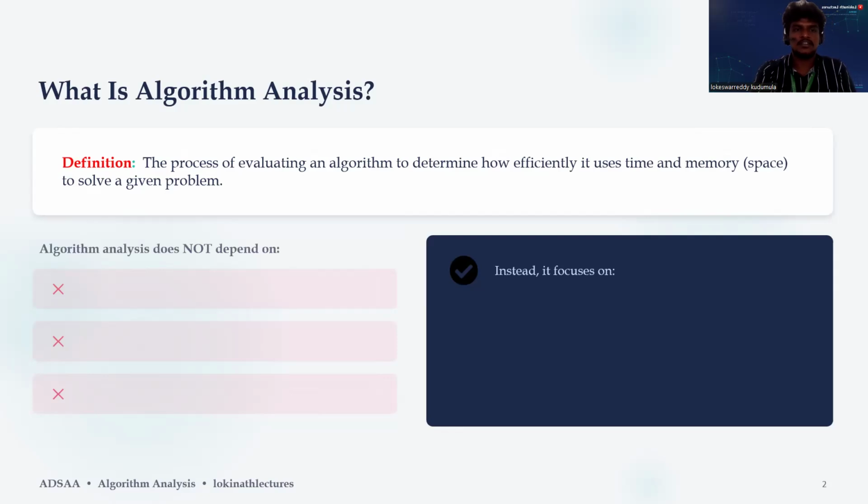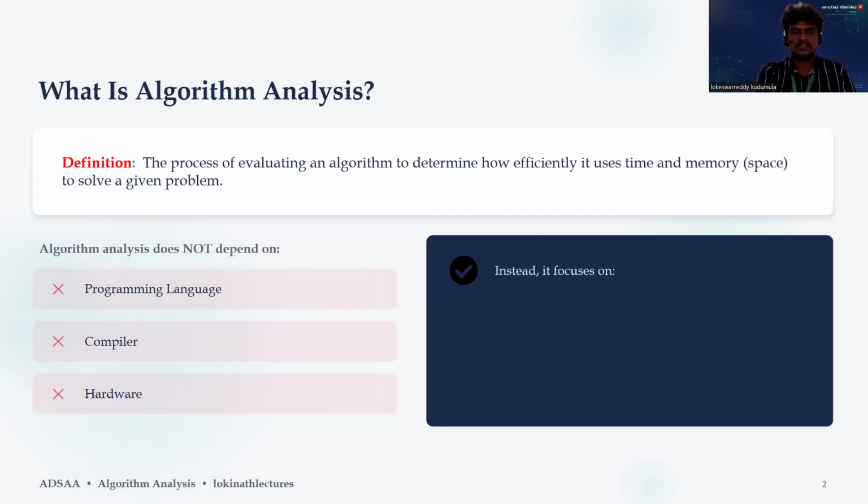If you have a look at this, algorithm analysis does not depend on any programming language, does not depend on the compiler, and does not depend on the hardware, like which system we are using.